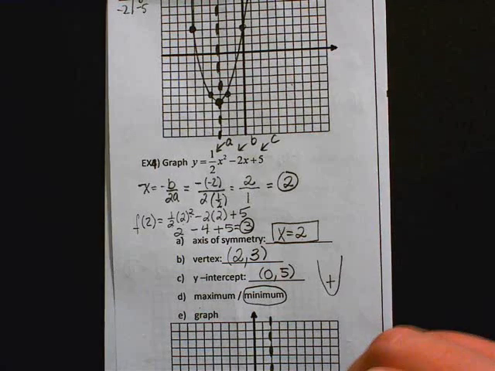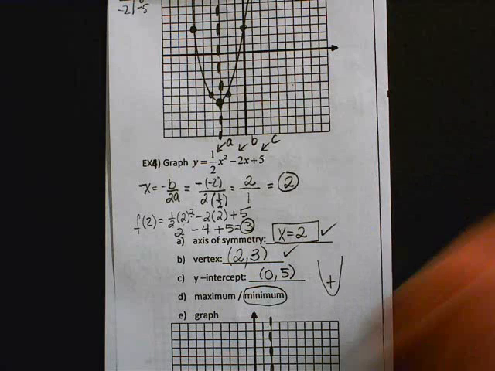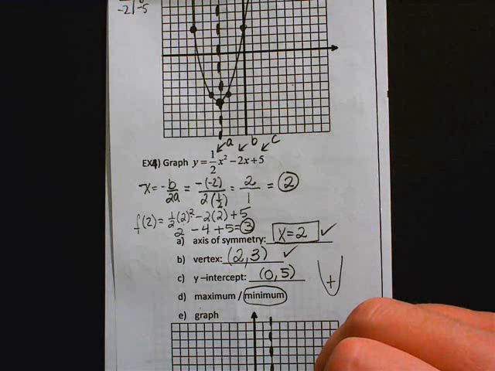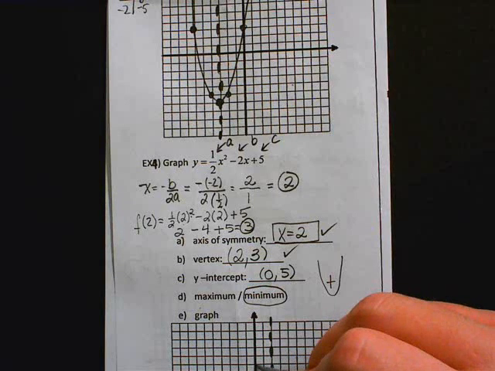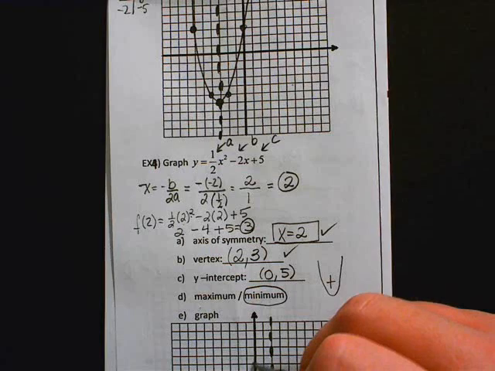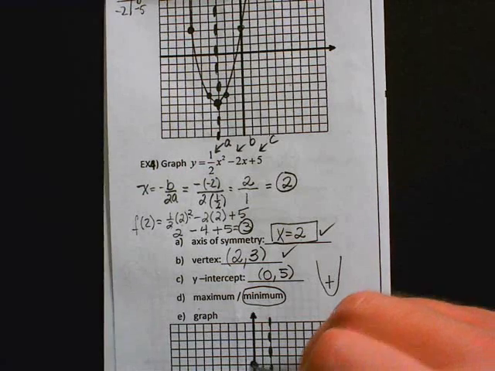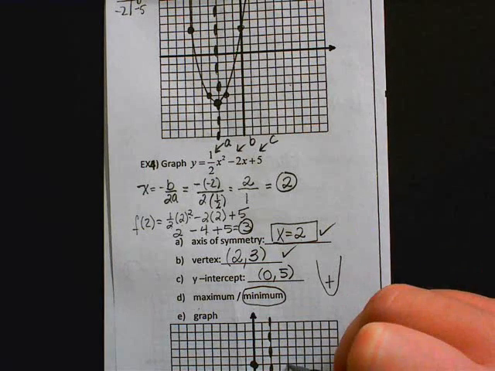So that's 2, 3 right there. My y-intercept is going to be 0, 5. 0, 5 is right there. And that means that I have another point right there.